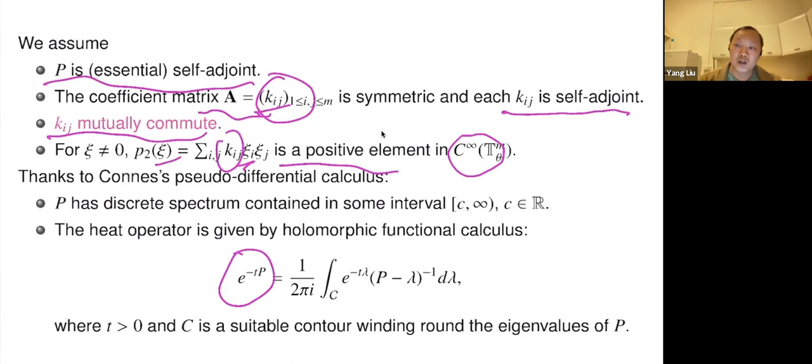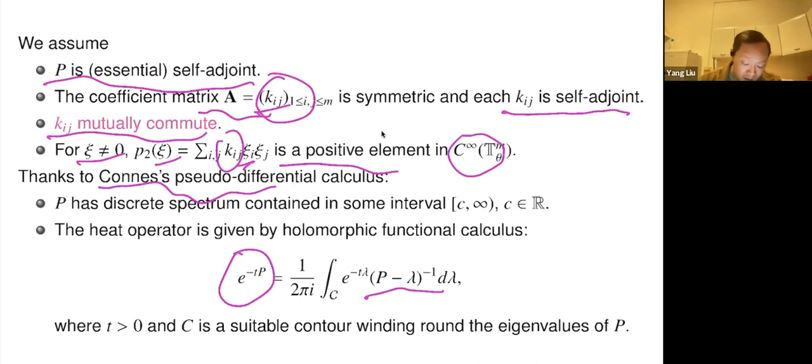We want this element to be positive for non-zero xi as in the usual case, and then we can run the standard arguments in elliptic operator theory. Here we have a Connes pseudo-differential calculus. For example, we can say P has compact resolvents, so you have these eigenvalues on the real line, and because of the positivity of the leading symbol, all these eigenvalues have a lower bound.